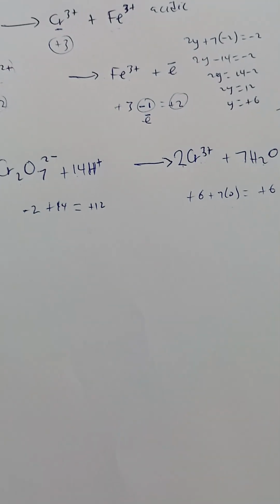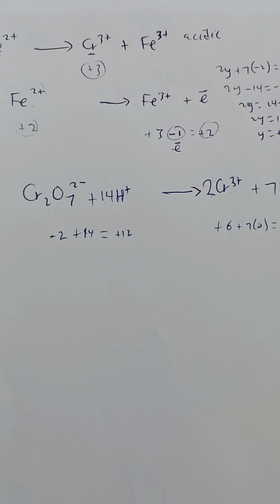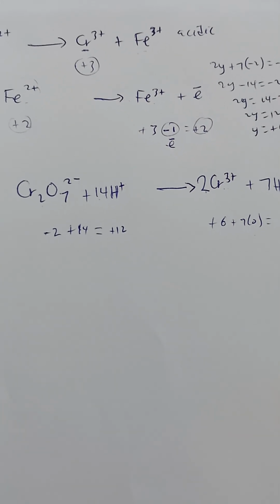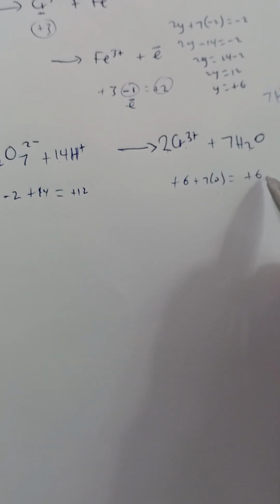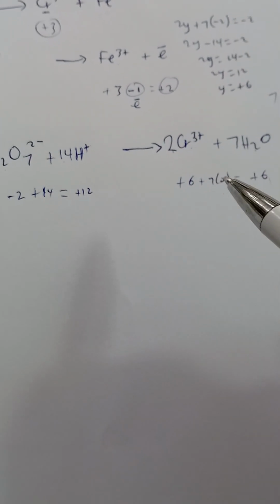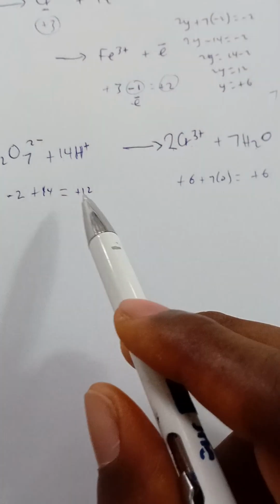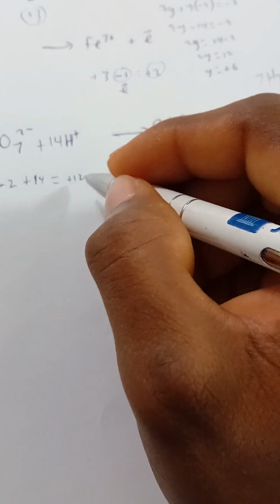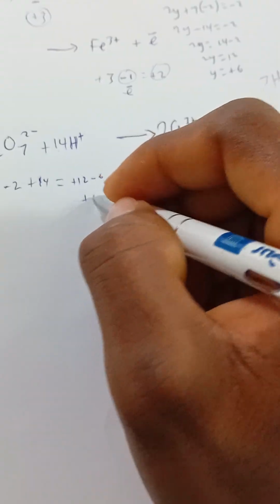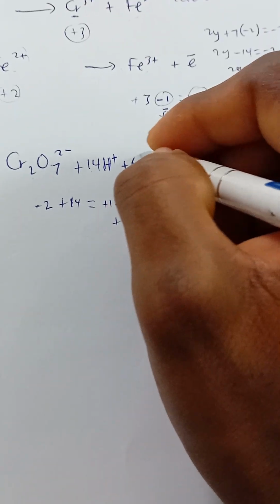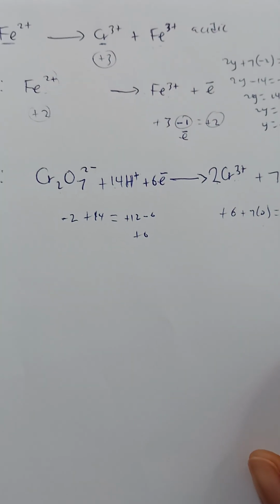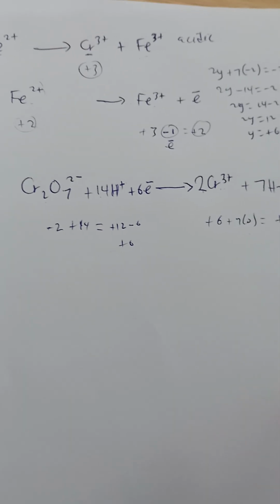We have to make sure that the oxidation state, the charge, is the same on both sides. So here we have plus 12, here we have plus 6. So which side should we introduce negative so that it will be equal? We have to introduce negative 6 here. If we do minus 6 here, we are going to get plus 6. And here so plus 6. In other words, we are going to add 6 moles of electrons here. We balance the electrons to the charge.